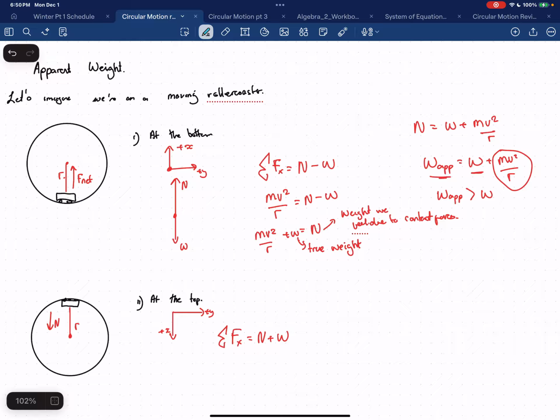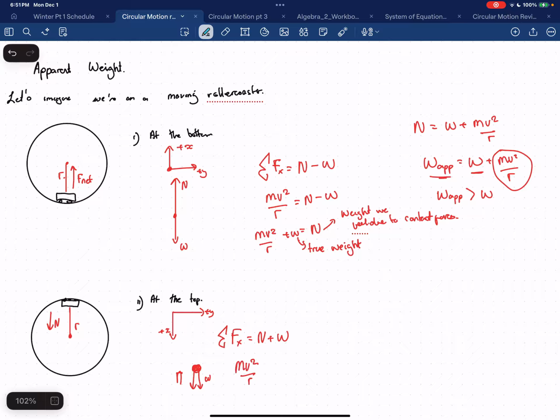So my free body diagram would look like this: here my normal force, and I also have my weight force, and they're both pointing in the same direction towards the center of the circle. So I can solve for the normal force again. I know I'm accelerating because I have a net force pointing down.